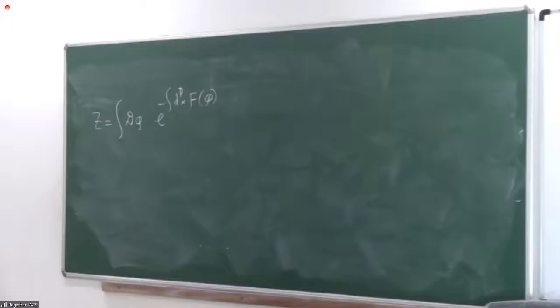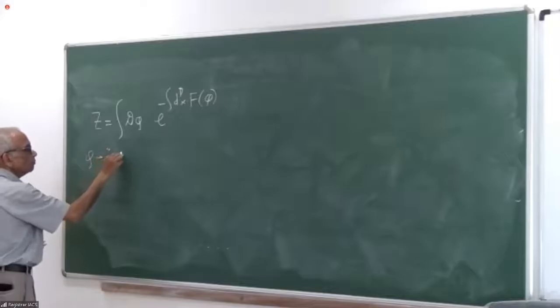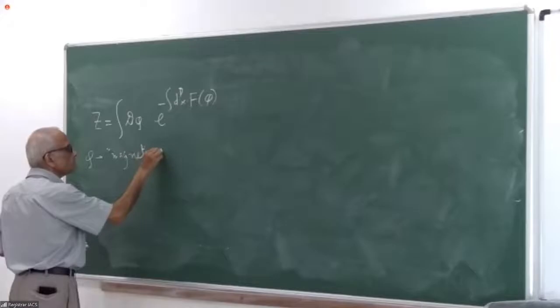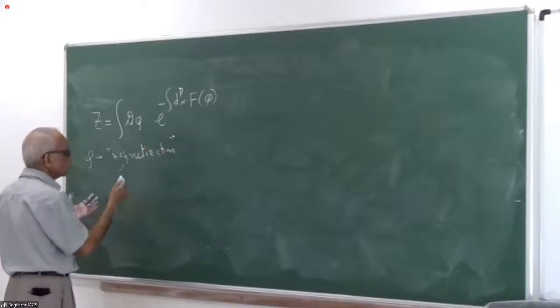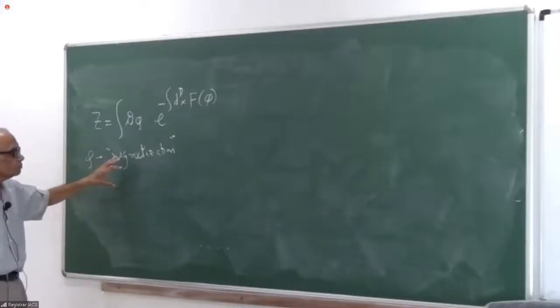Now, we'll use the magnetic language and I'll call the phi magnetization, but it is something which can equally well be a density difference or superfluid density if it is a superfluid transition, where the superfluid density fluctuates.